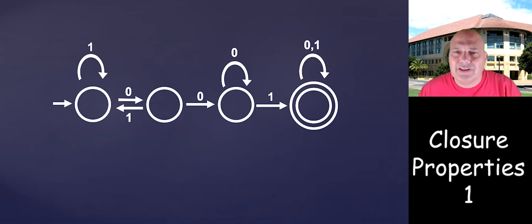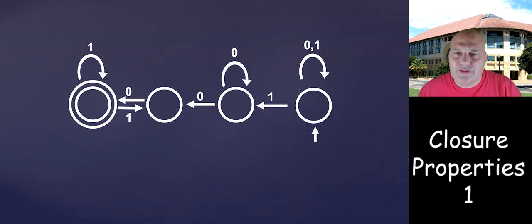So recall this is the DFA that recognizes the language of all the words that contain 001. And let's try to reverse it. We're reversing the edges, and we're reversing the start and end states. In this case, there is only one of each, so one problem is solved here.